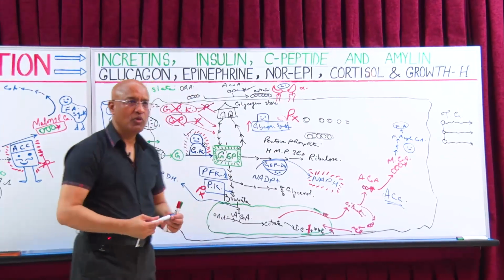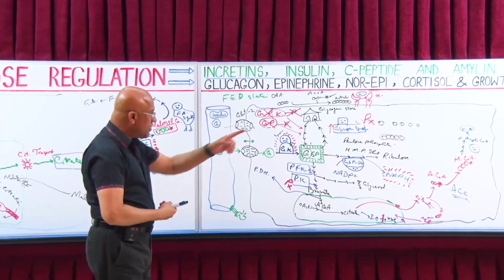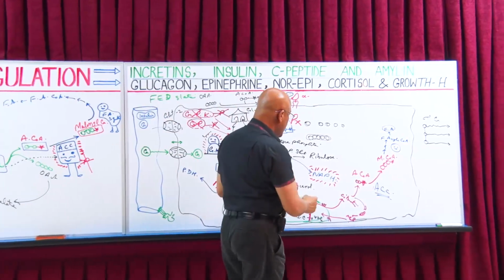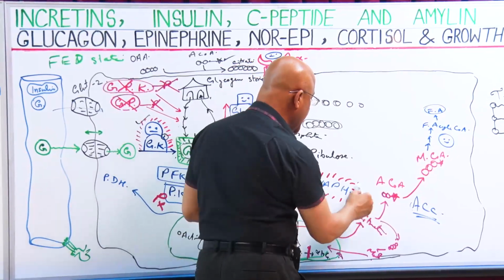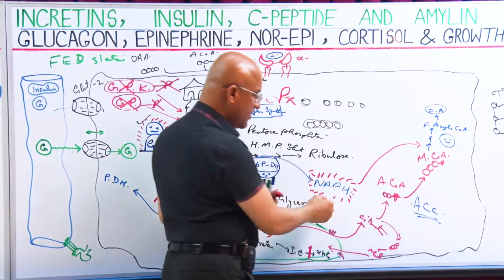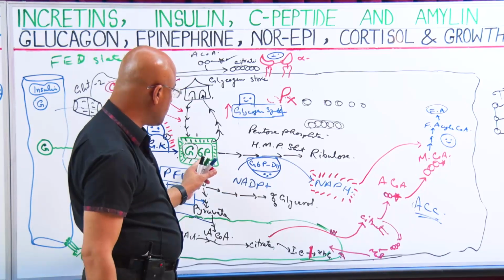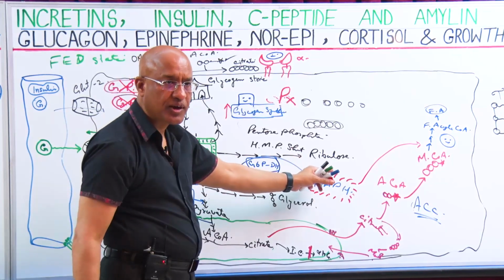right? Now so far, this fatty acid, and during this a lot of energy was required. That energy was provided by NADPH, which was coming from which pathway? Hexose monophosphate shunt.